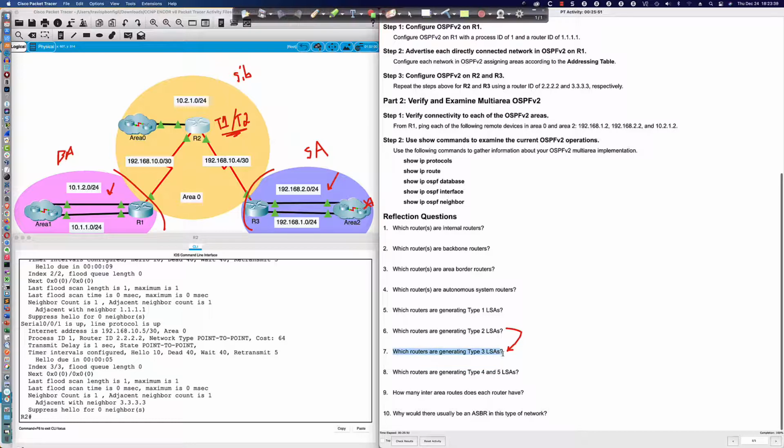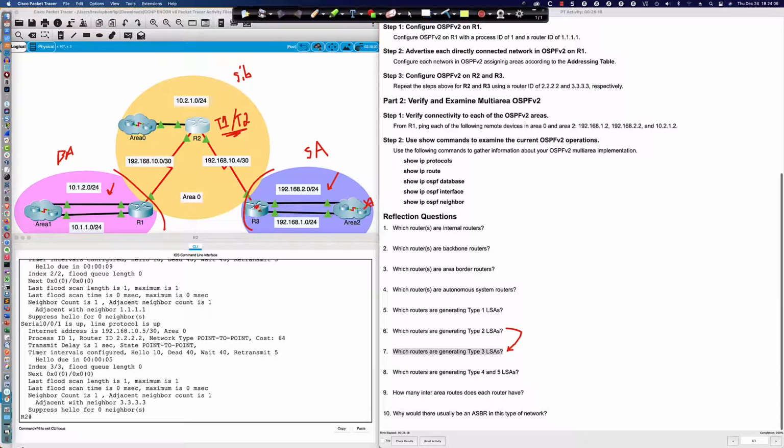That's where the magic is, at the area border router, at least the magic in this context, which is this network reachability information, the 10.1.20.0/24, the 10.1.10.0/24, and then these two networks, the 192.168s, those are learned in area 0 via type 3 LSAs. And here's how that works.